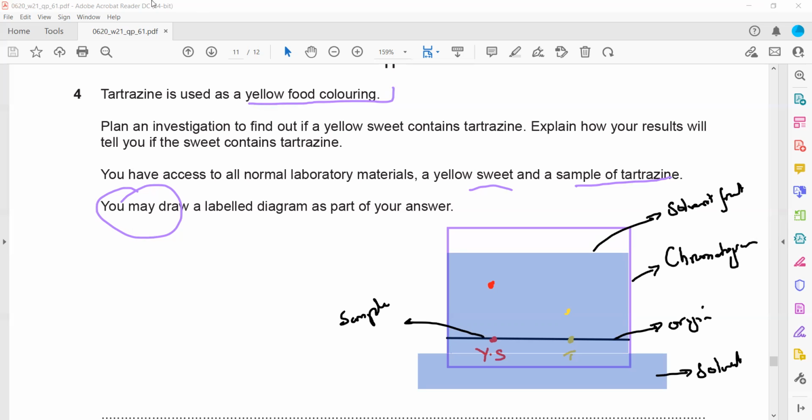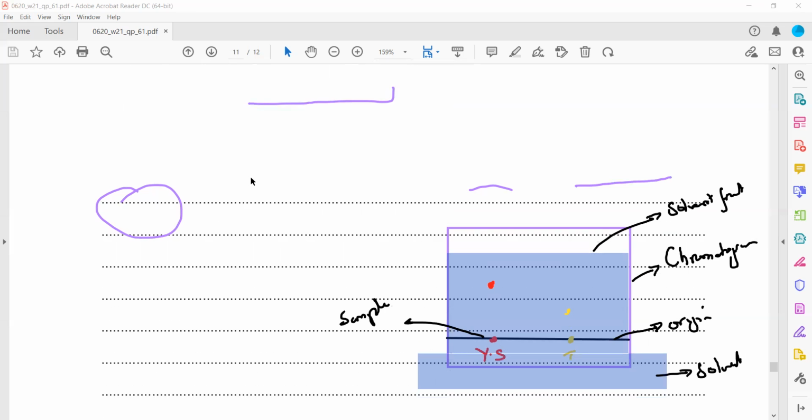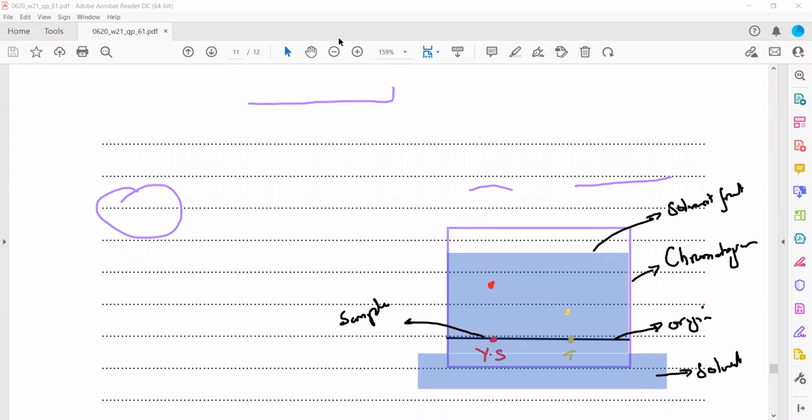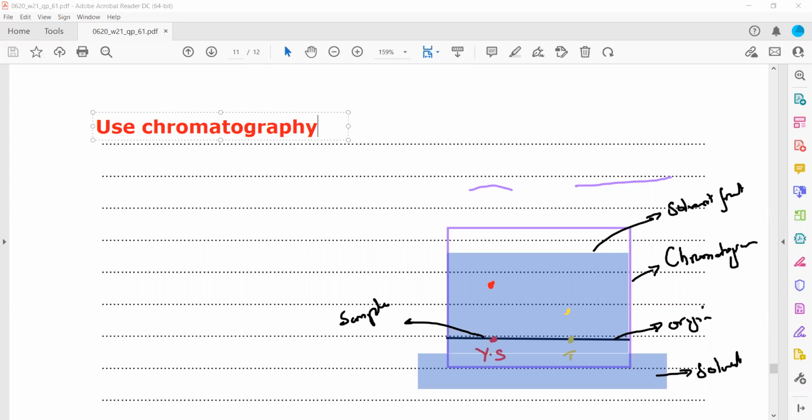Now, what are the points we will include? The space is available. As you can see, this whole space is available, which is for a 6 mark question. So what are the steps we will include? The first thing we will mention, we will use chromatography. That is the first point. When you mention use chromatography, you will score 1 mark.